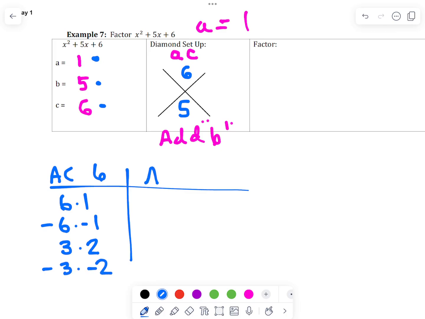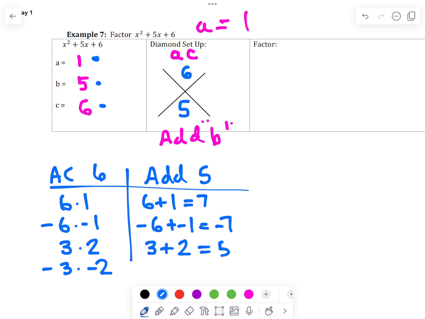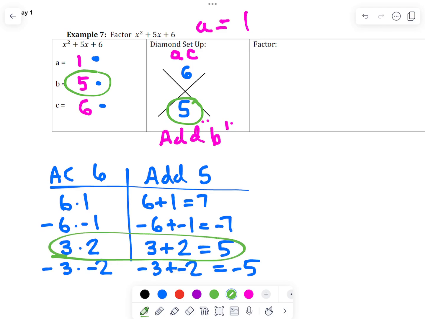Now we're looking to see which number adds to B, which is 5. So now we add. 6 plus 1 is 7. Negative 6 plus negative 1, negative 7. 3 plus 2, 5. Negative 3 plus negative 2, negative 5. Again, we're looking for the one that adds to B. So this is the one that adds to B.